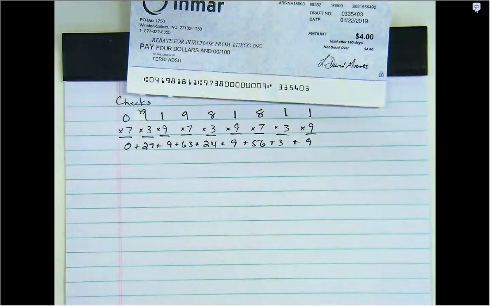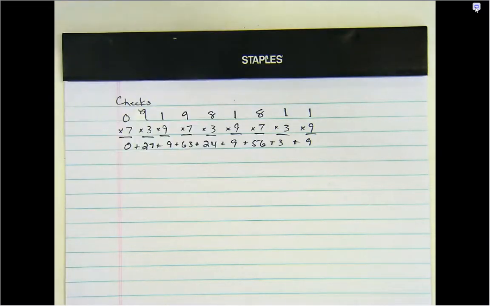So 7 times 0 is 0, 3 times 9 is 27, 9 times 1 is 9, 7 times 9 is 63, 3 times 8 is 24, 9 times 1 is 9, 7 times 8 is 56, 3 times 1 is 3, and 9 times 1 is 9. So this also needs to come out to 0 mod 10.